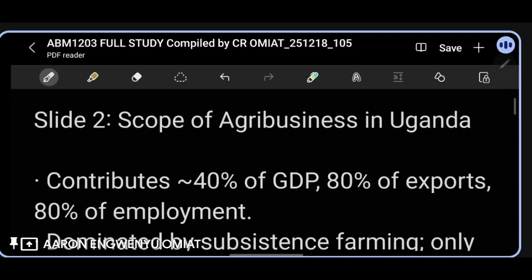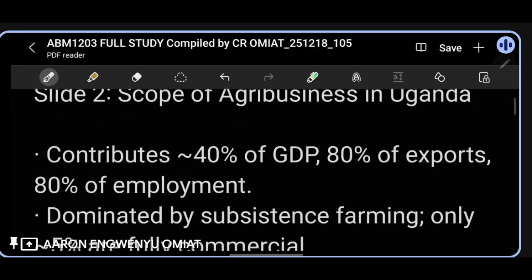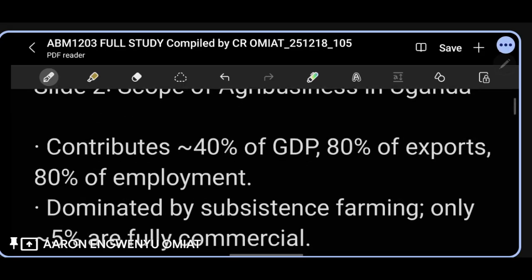Now, when we look at the scope of our business in Uganda, the source says that agriculture contributes approximately 40% of the GDP, 80% of exports and 80% of employment. These are rough figures. In other sources, you'll find they tell you that agriculture contributes 70% of the GDP. But you can see it's an important figure that is not commonly mentioned.